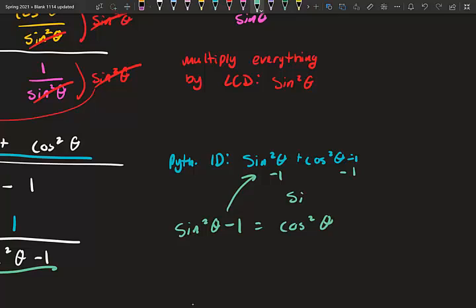So now we have sine squared theta minus 1 plus cosine squared theta equals 0. We subtract cosine squared theta from both sides, and that's how we get sine squared theta minus 1 equals negative cosine squared theta. It's called equivalent form, meaning moving stuff around. So you can subtract and add things to figure out how it's supposed to look and work for you.